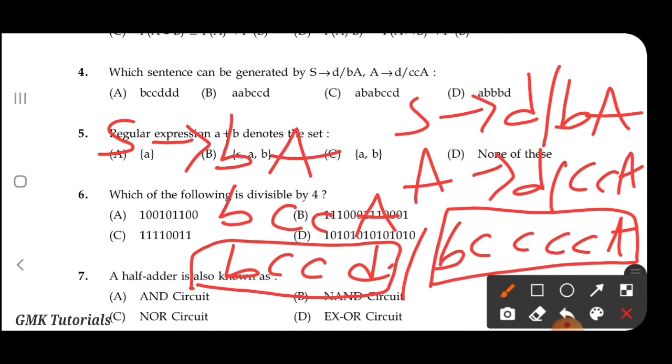Generated sentence somewhat will be matched here, so none of the above is the answer.